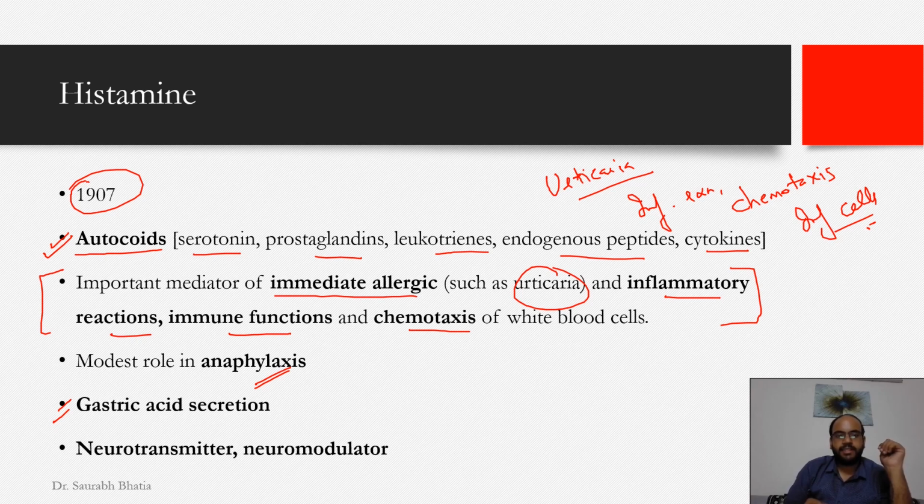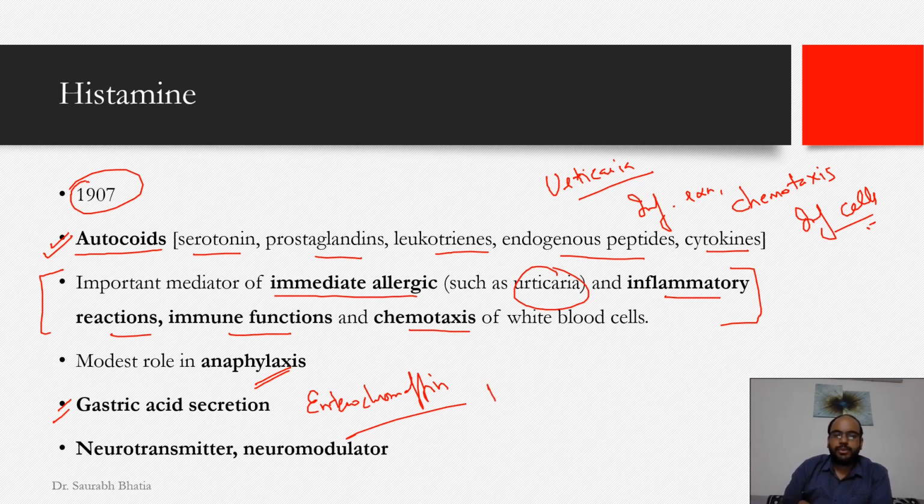Now gastric acid secretion is mainly by enterochromaffin cells. Okay, so these are not important for us. These are more important for, of course, gastroenterologists. But let's say you have a person who comes to you with urticaria who is also suffering from GERD. It's better to combine an H2 antihistamine in the regimen.